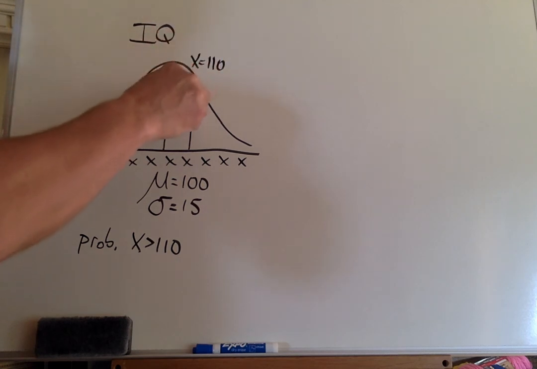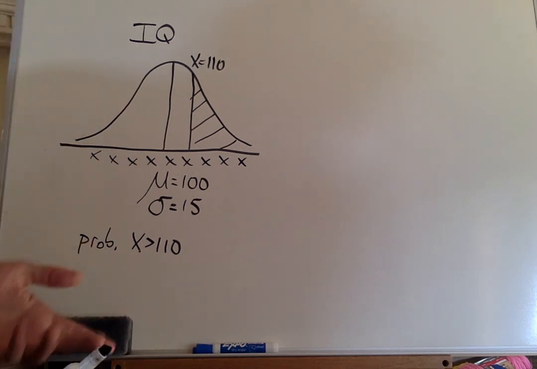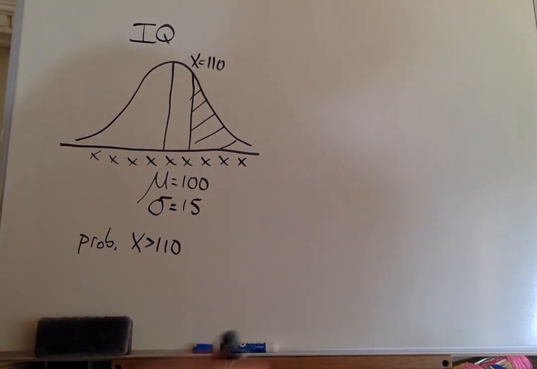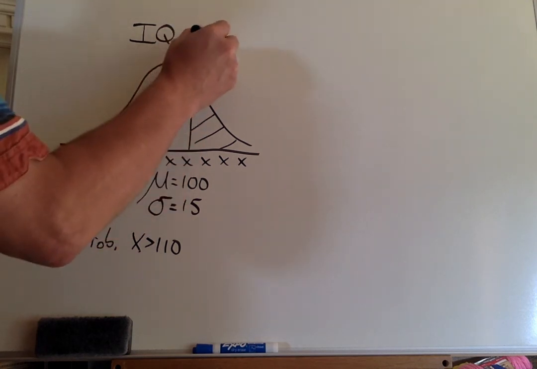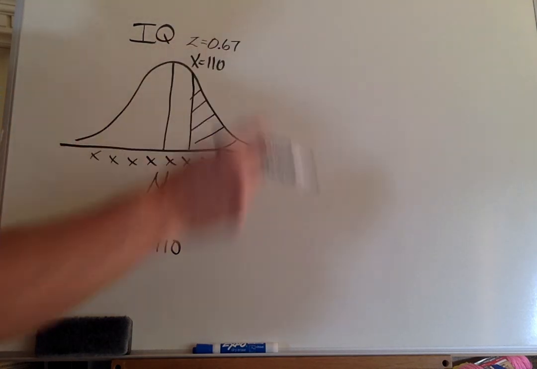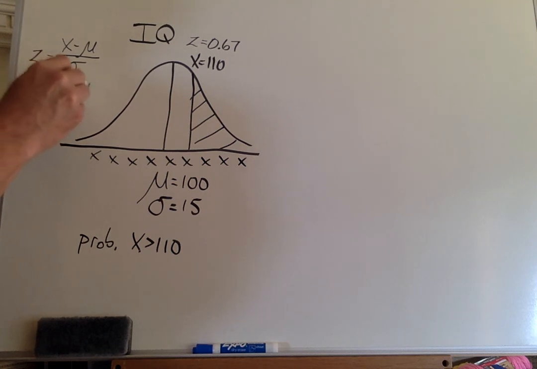Right here is what I want. You guys know how to do this. This is straight up z-scores, right? So if I get my z for 110, which is 0.67, how did I do that so quickly? Well, z equals x minus mu over standard deviation. Z equals 110 minus 100 over 15. 10 over 15, 0.67.